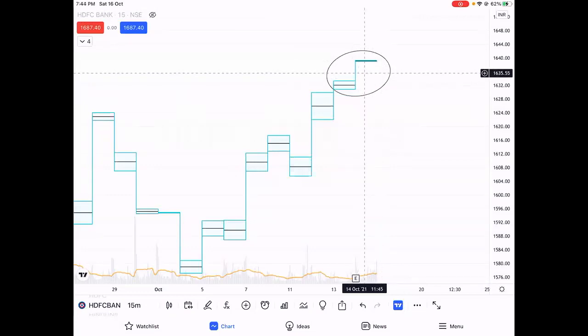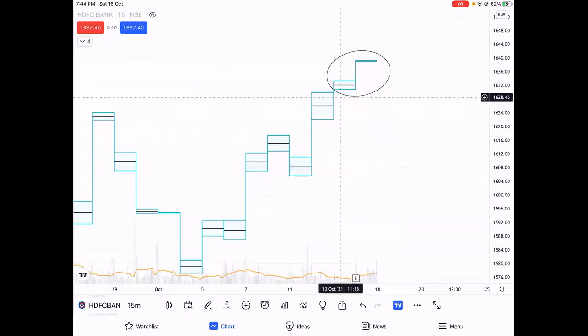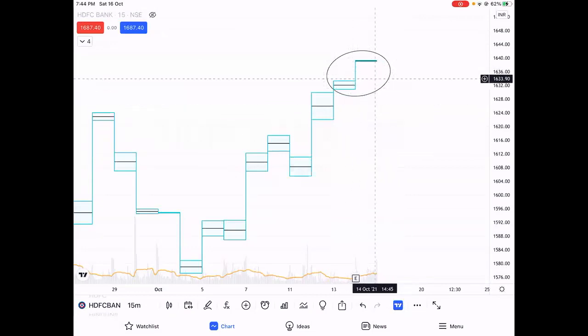Now, what else can we see here is when we apply Camarilla to this particular thing, which is, you can say, the main ingredient of the CPR setup. CPR is just a base.